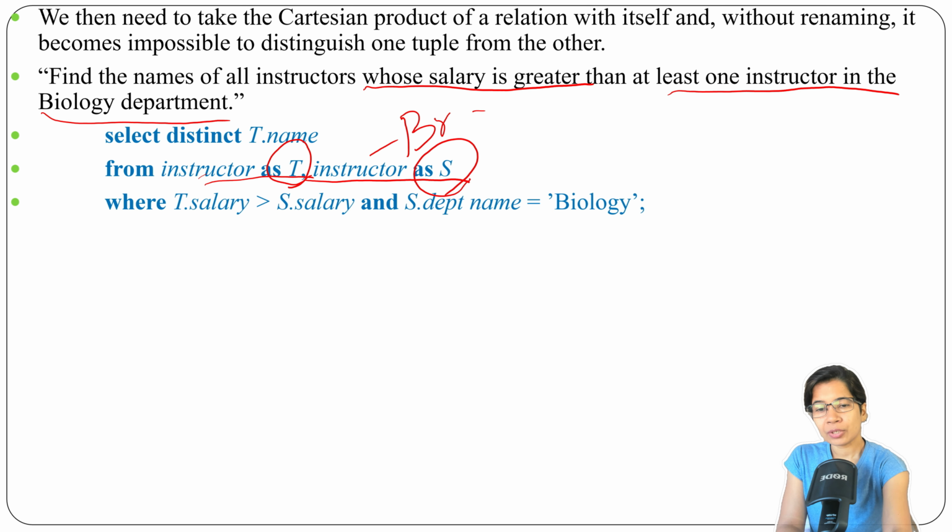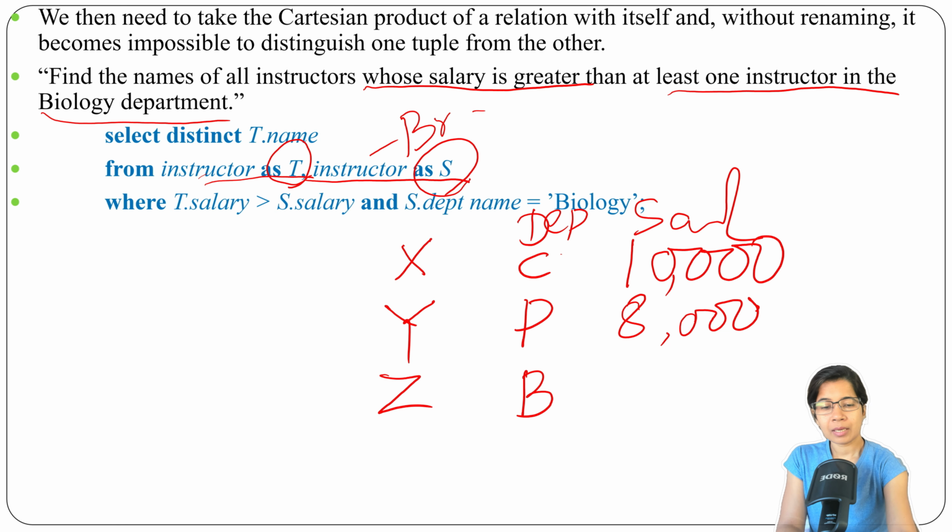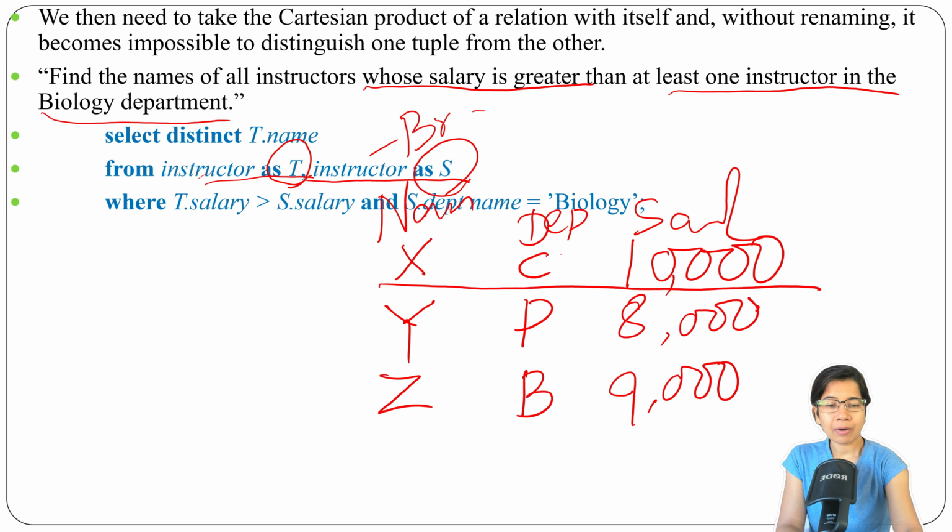Suppose there is an instructor named X, an instructor named Y, and Z. Let the departments be computer science, physics, and biology, with salaries 10,000, 8,000, and 9,000. It also outputs X. Now 10,000 is greater than 9,000, and 8,000 is less than 9,000.